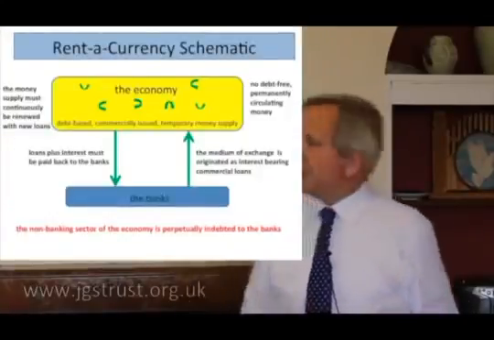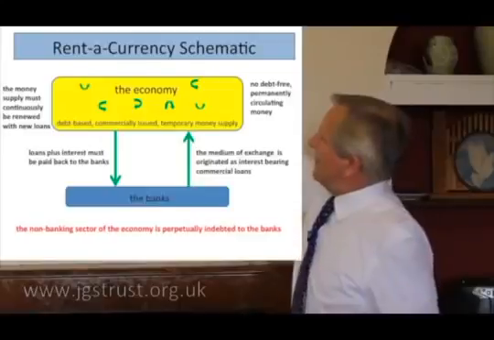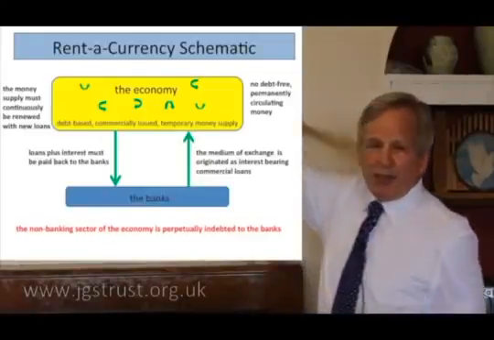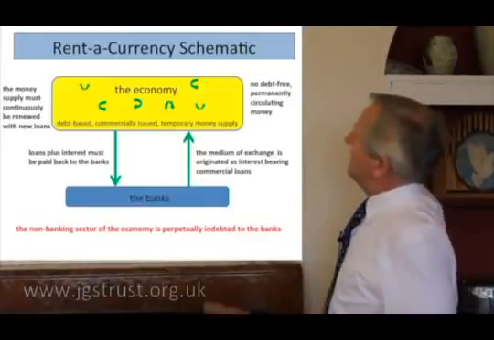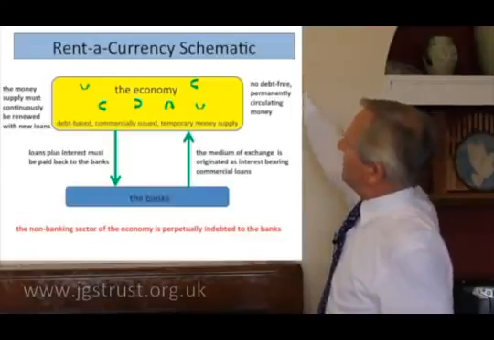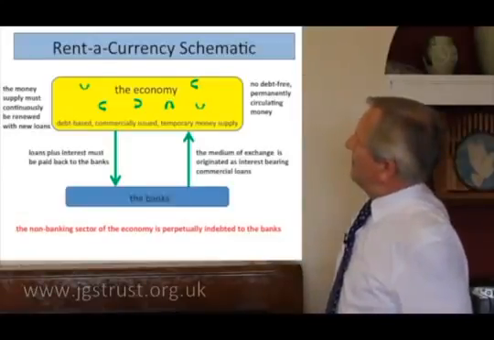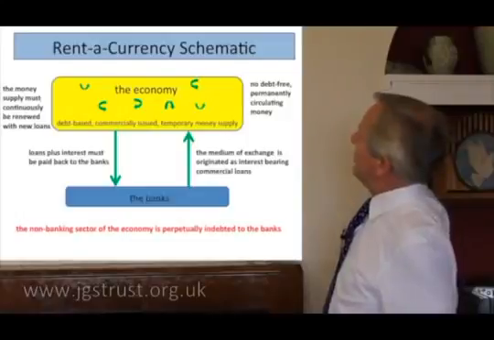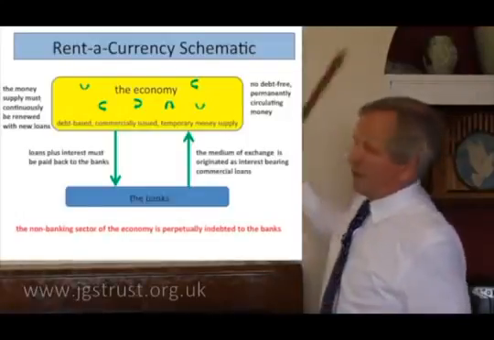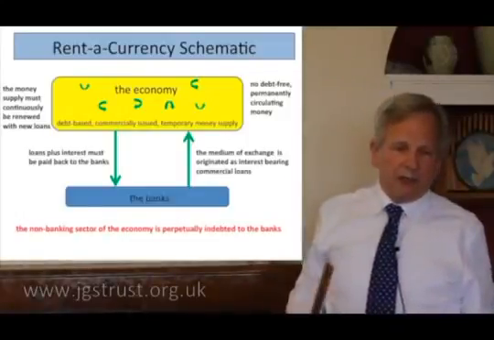Let's look at it schematically. Here's us in the economy. These arrows mean the money's going round and round. And what goes round and round up there is digits in banks' computers, and none of it is debt-free and none of it is permanent.